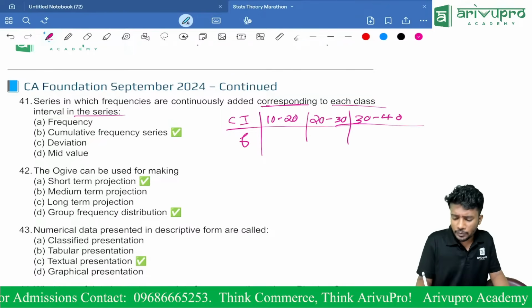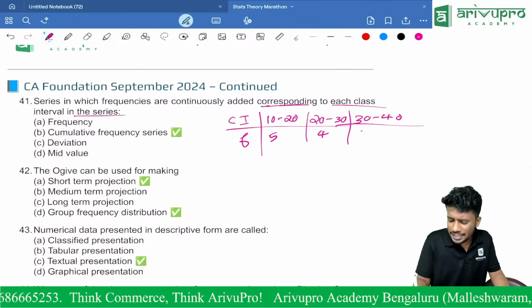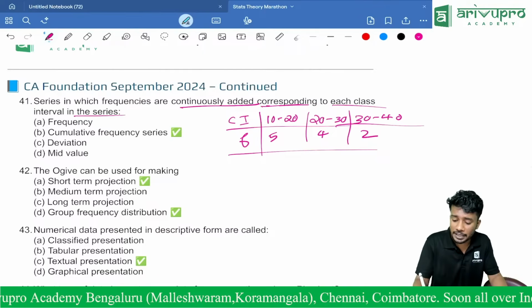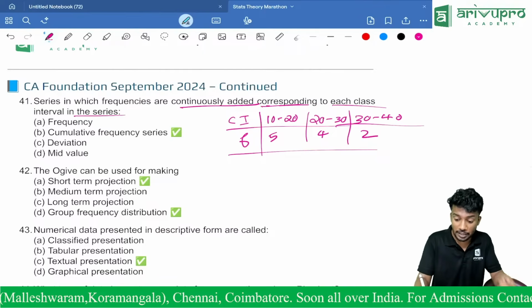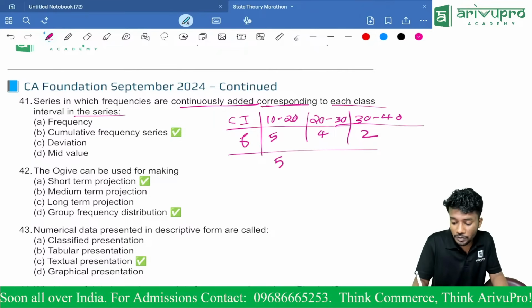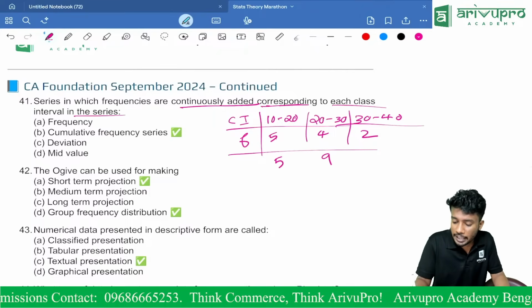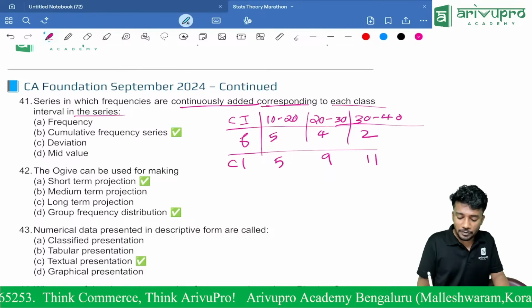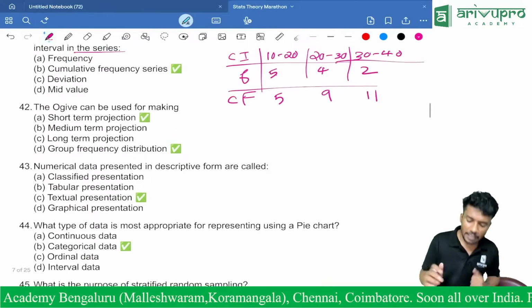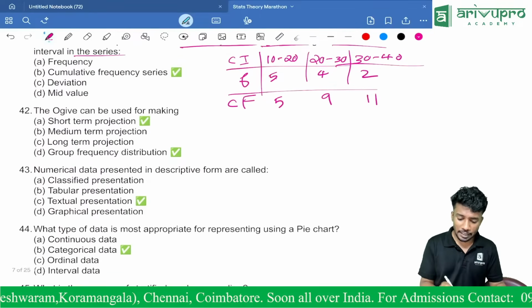Then frequencies are 5, 4, then 2. Frequencies are continuously added and written with respect to their class interval. So first one is 5. 5 plus 4 is how much? 9. 9 plus 2 is how much? 11. That type of frequency is called what? Cumulative frequency series.